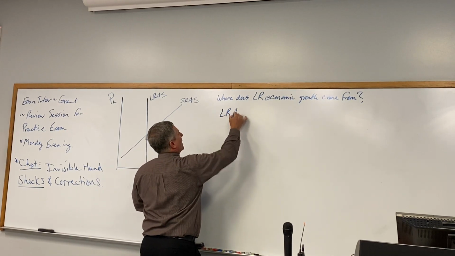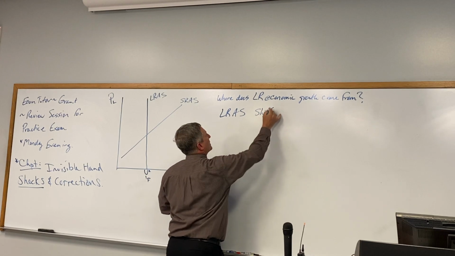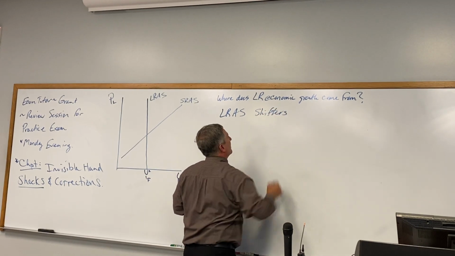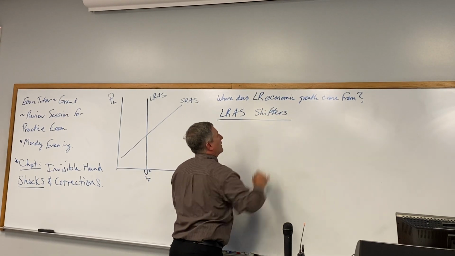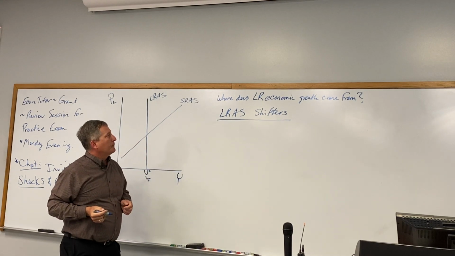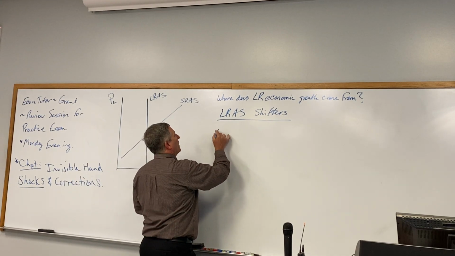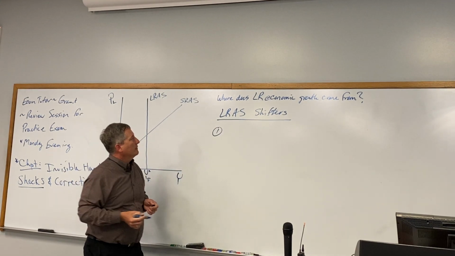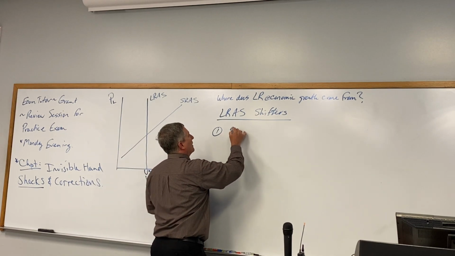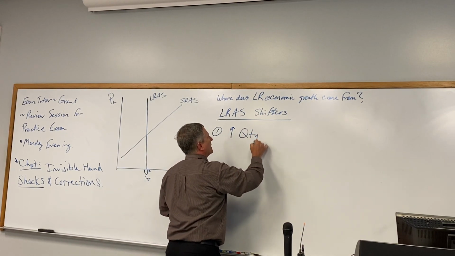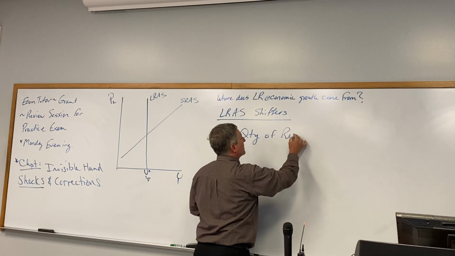Long run aggregate supply shifters is economic growth. So number one, an increase in the quantity of resources.